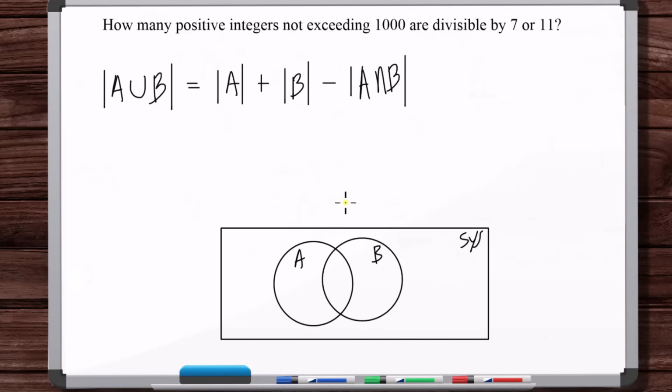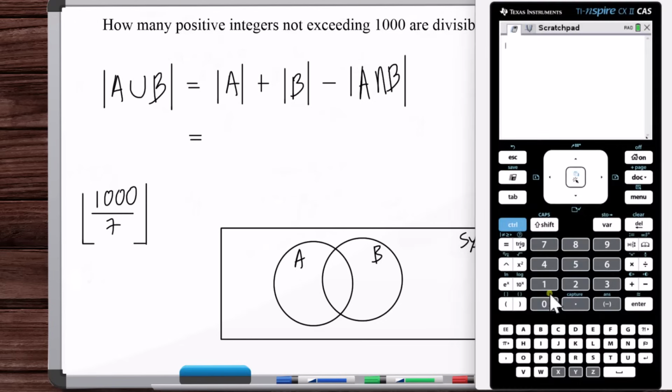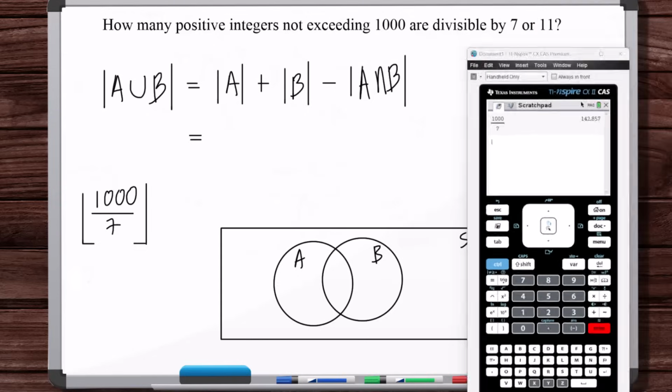So, we can start with how many integers from 1 to 1,000 are divisible by 7. Well, we can take the floor function of 1,000 divided by 7, right? The floor function would be 142.